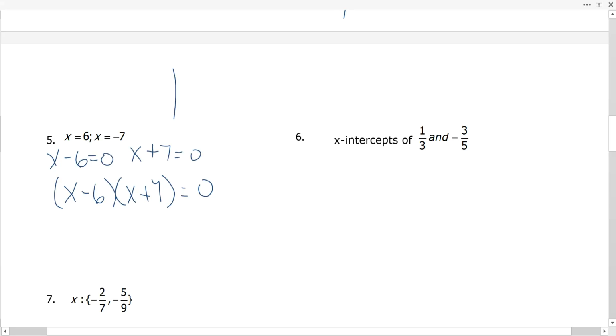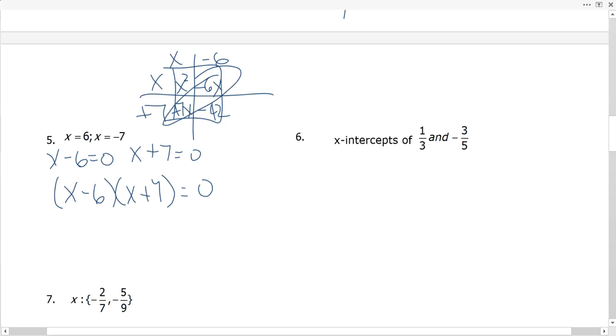I will draw a box. X minus 6, x plus 7, x squared minus 6x plus 7x minus 42. So I add these together and I have x squared plus x minus 42.